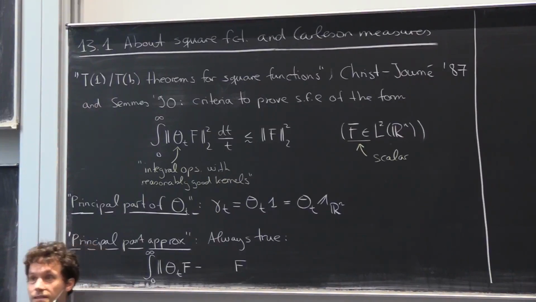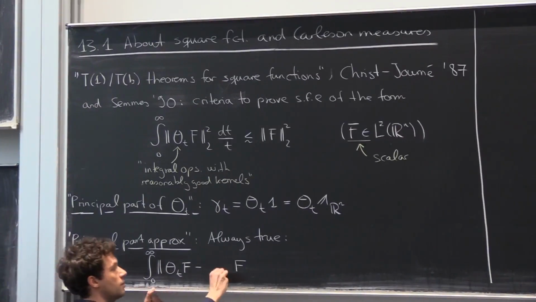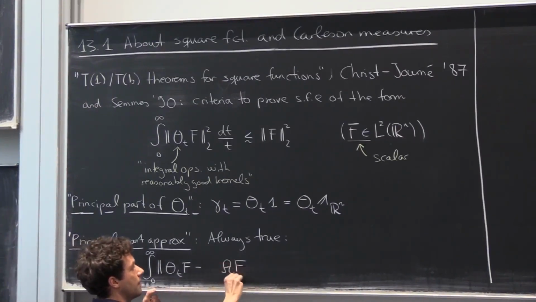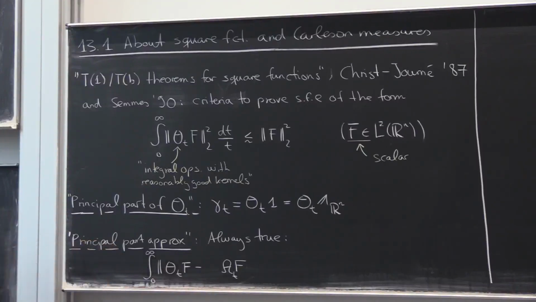So it's like a discretization if you want. This is what the dyadic averaging operator A_t from lecture 9 is going to do for us. And then at every scale, I'm approximating theta t of f by a multiplication operator acting on the dyadic averages of f, and the multiplying function in this approximation is just this principal part.